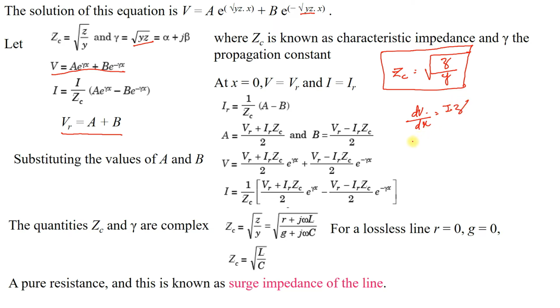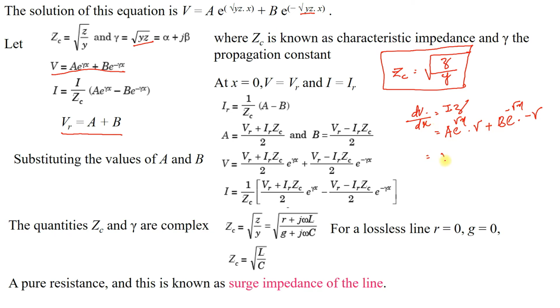If you substitute this expression, dV by dx will be A e raised to gamma x into gamma, plus B e raised to minus gamma x into minus gamma. That will be dV by dx.